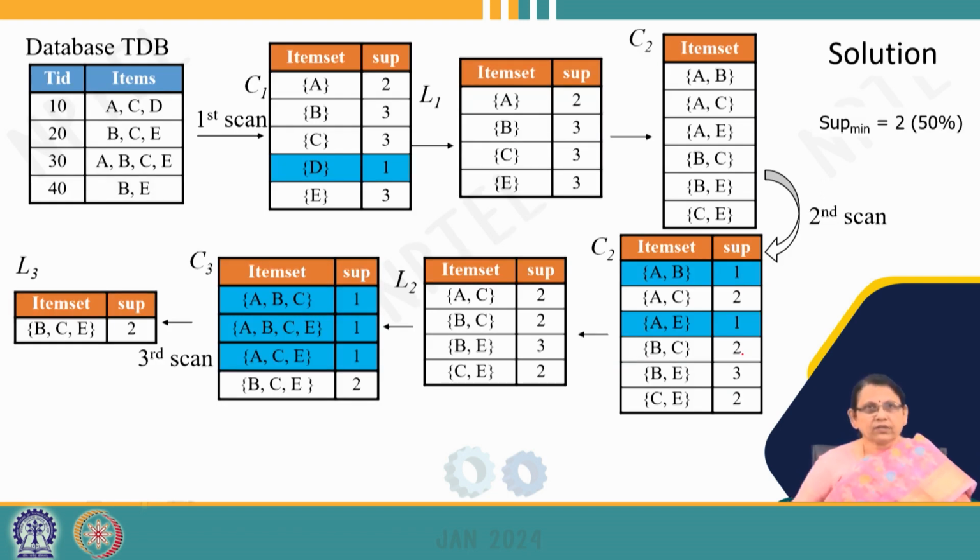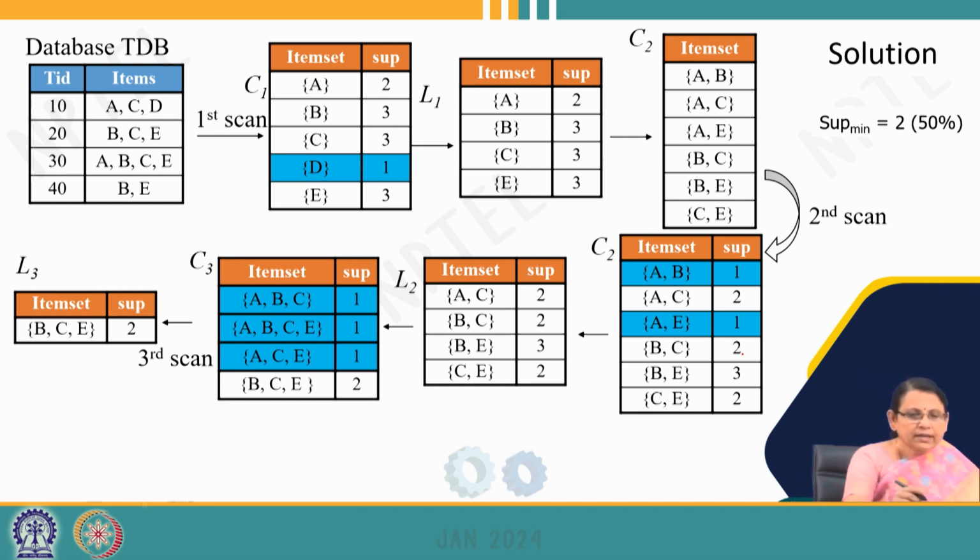Look at this, that particular database has 4 transactions, each containing a few items. So, we will be scanning this database for single items at a time to find out the frequent patterns.